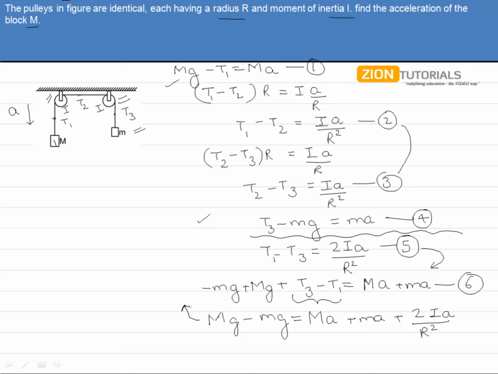Now this gives us actually the acceleration equal to M minus m into g over M plus m plus 2I by r square.